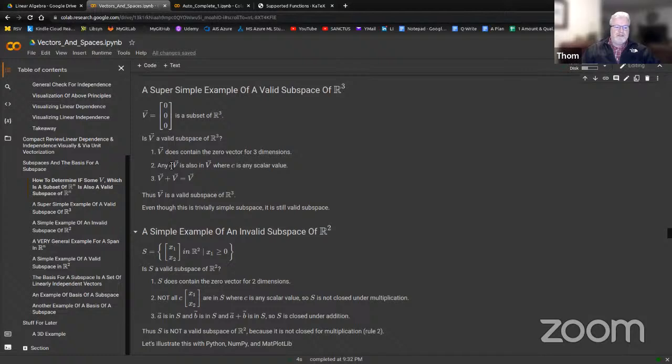Now, any value of C we multiply on V is still V, where C is any scalar value. The span of this is just a point, and we can never go outside of the span of that point. And if we add V to V, we still get V because it's 0. So this vector V is a valid subspace of 3-dimensional space. Even though this is trivially simple, it's still a valid subspace.